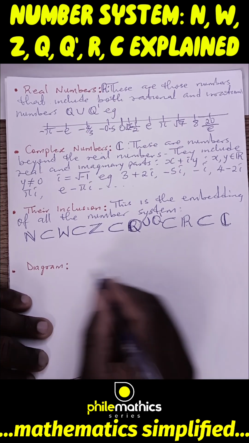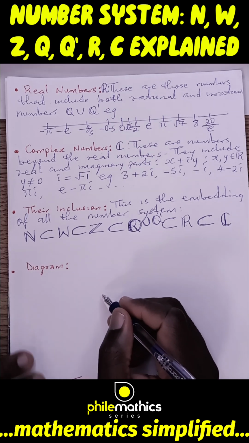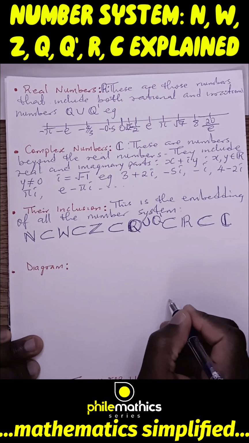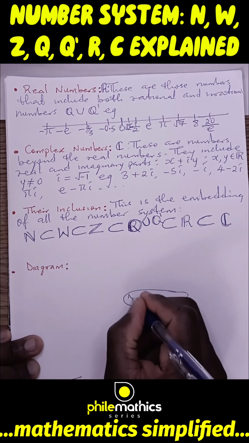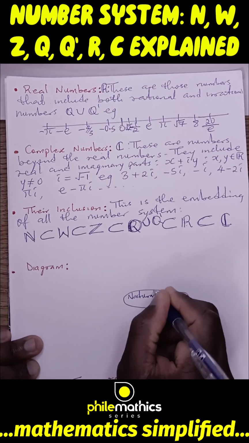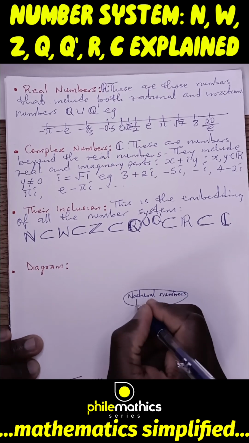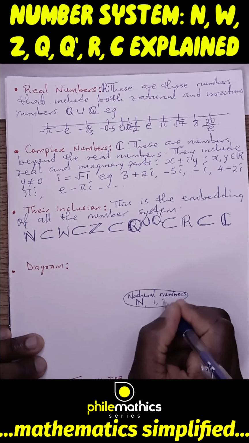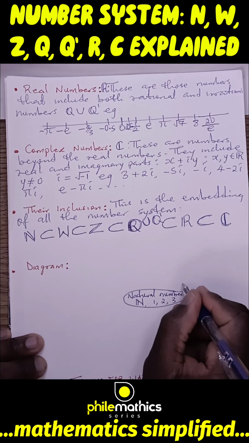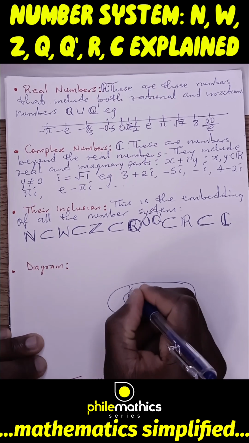And so let me give a quick sketch on how these numbers are represented. If I start with the natural numbers, we know that the symbol is N, and they are 1, 2, 3. The next layer will be the whole numbers.